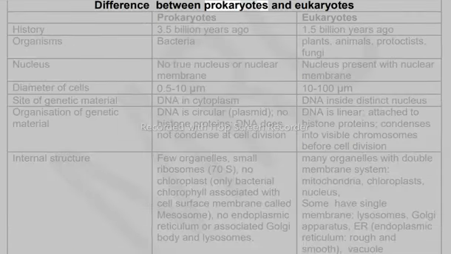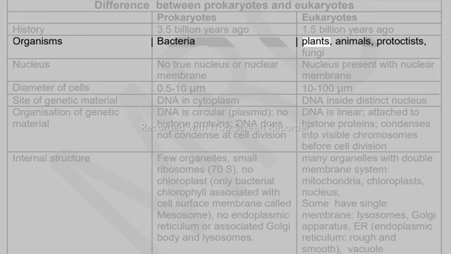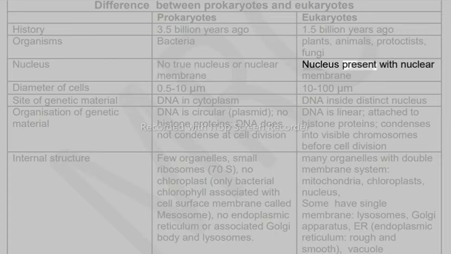Difference between prokaryotes and eukaryotes. History: prokaryotes appeared 3.5 billion years ago, eukaryotes 1.5 billion years ago. Organisms: bacteria for prokaryotes; plants, animals, protoctists and fungi for eukaryotes. Nucleus: prokaryotes have no true nucleus or nuclear membrane; eukaryotes have a nucleus with a nuclear membrane. Diameter of cells: 0.5 to 10 micrometers for prokaryotes, 10 to 100 micrometers for eukaryotes.